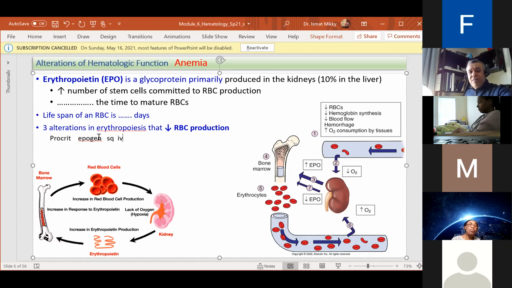It can be given either sub-Q or IV. The patient will receive this, and it's measured also in units. The patient will receive 5,000, 10,000, 15,000, 20,000 units. The dosage is determined by the physician based on the anemia level and the severity of the renal failure too.